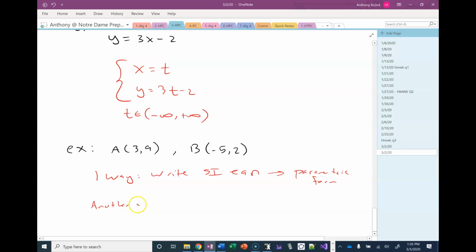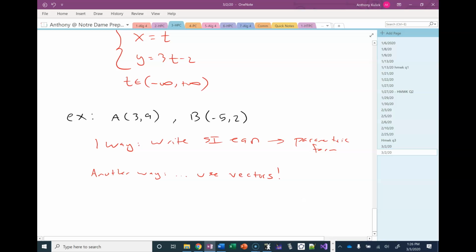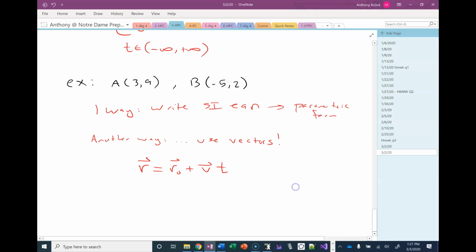Another way, we can use vectors. So, who remembers the vector equation for a line? You guys remember this vector equation for a line? Okay.